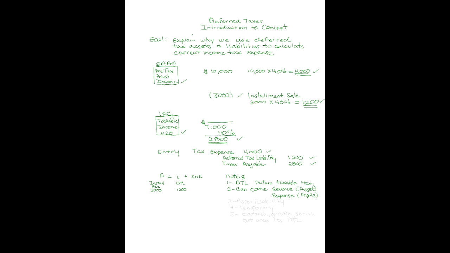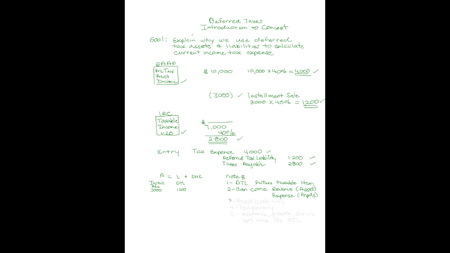On our tax return, we get to take them immediately, so they would cause a decrease from pre-tax accounting income to taxable income, much like our installment sale. So you can have deferred tax liabilities come from revenue items or expense items, but one thing that is telling is they always create an asset when they originate.